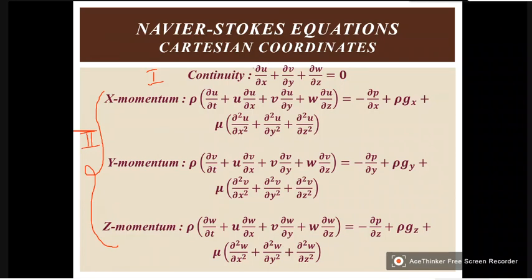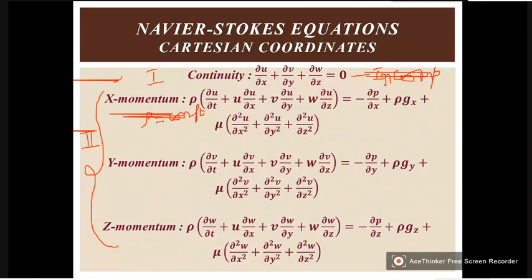So these two things you have to remember. Now in this case, actually, we have considered the flow to be incompressible. So that is rho is equal to constant. Rho is equal to constant.